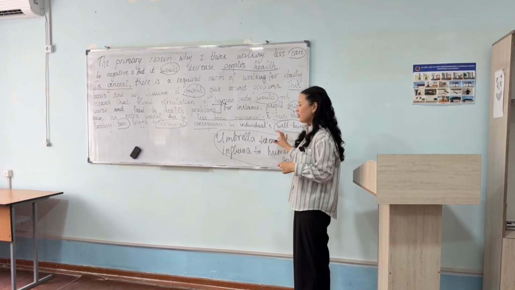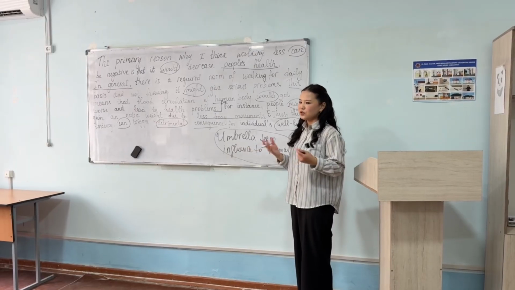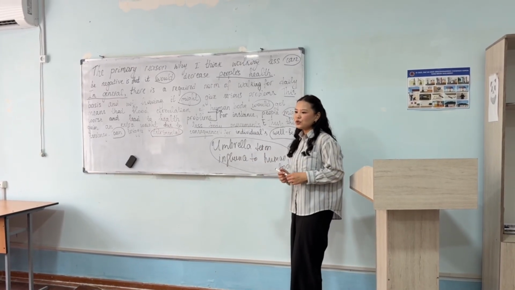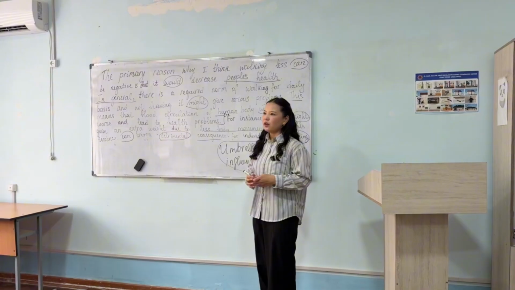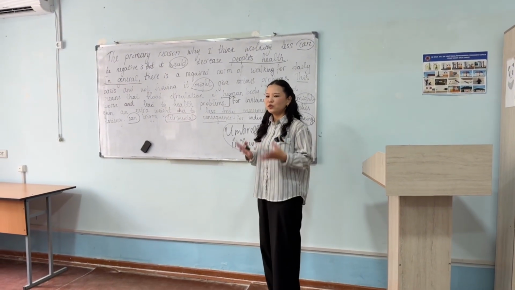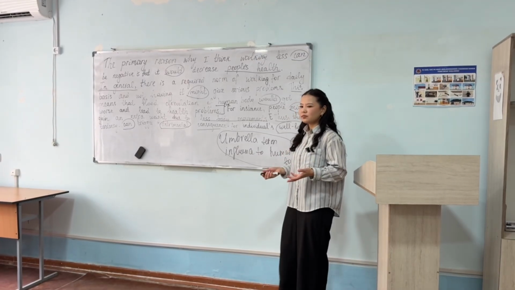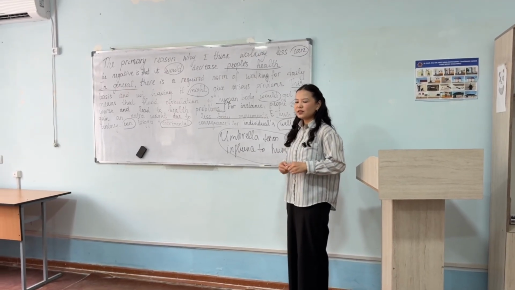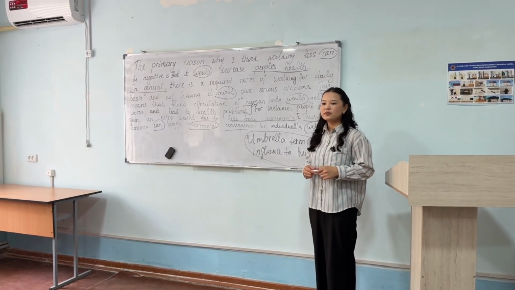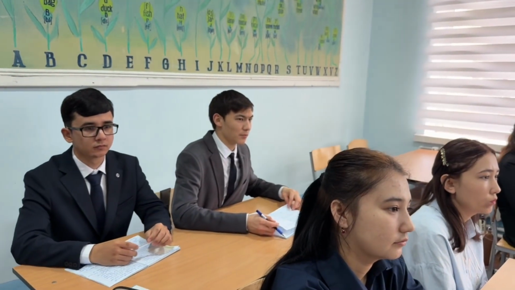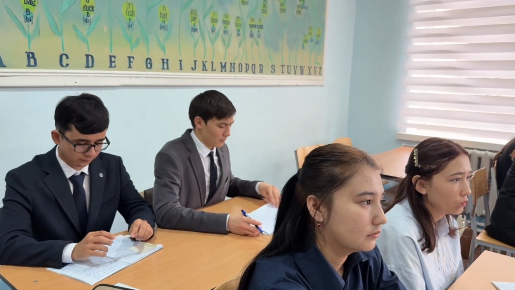Clear? Now let's practice. Let's write the continuation, body paragraph 2, where we are going to explain which umbrella term. What was it? It's about what? What was it mainly? Do you remember?